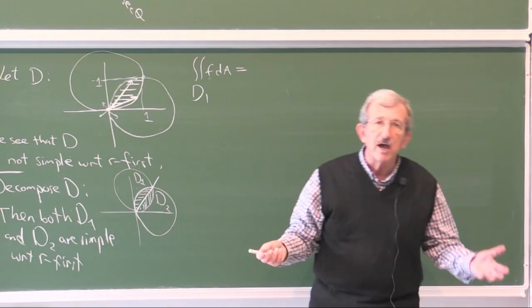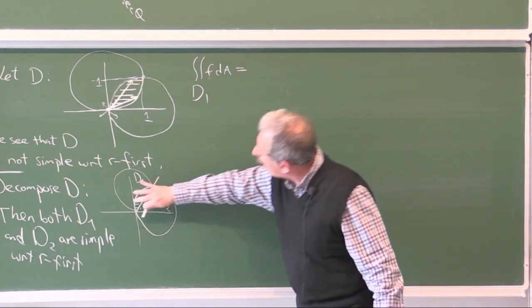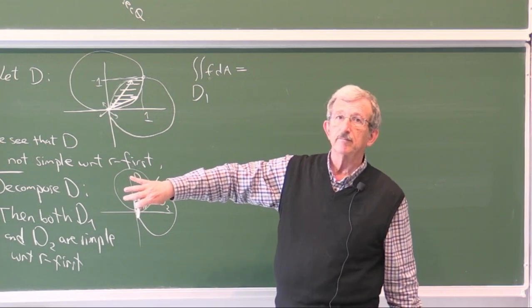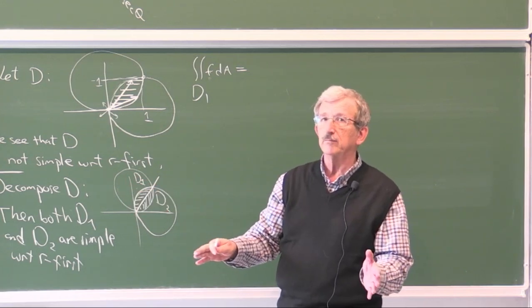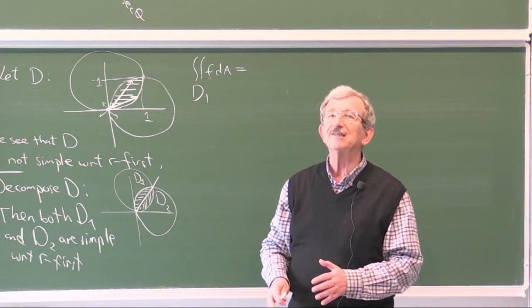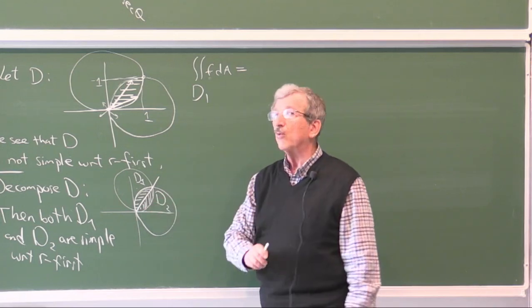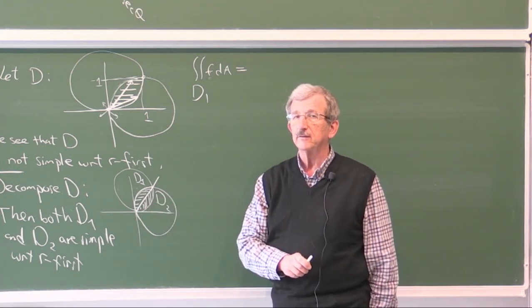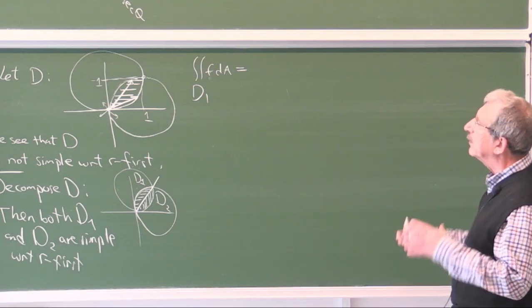Well, they have the same area, yes, but what does f do on top of them? It may not be symmetric, so you cannot multiply by 2. So symmetry arguments here won't work, because you don't know what f is. So we have to take the trouble to write them separately.